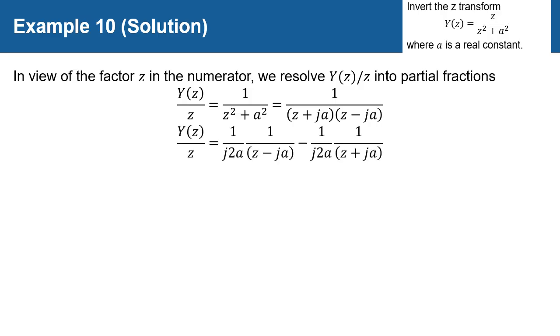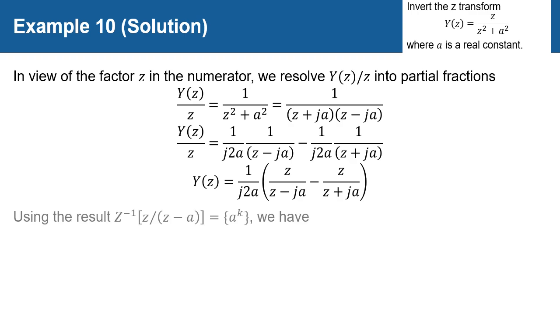Y(z) over z is equal to 1 over j2a times 1 over (z - ja) minus 1 over j2a times 1 over (z + ja). And then Y(z) is now equal to 1 over j2a times the quantity z over (z - ja) minus z over (z + ja). Using the result, the inverse z transform of z over (z - a) is equal to a^k.